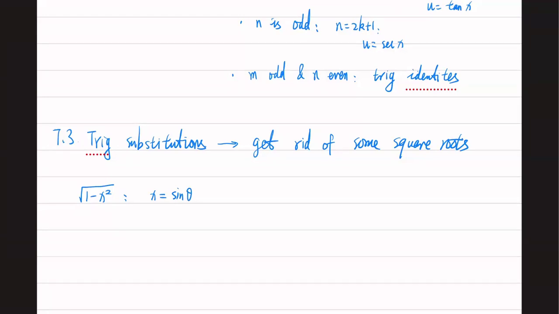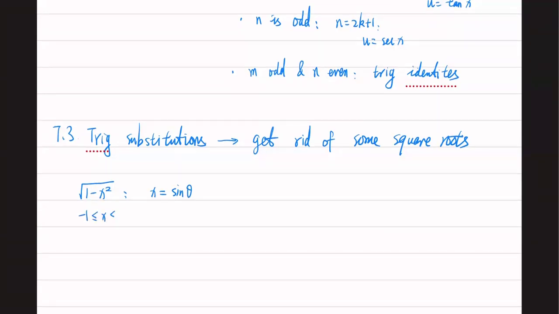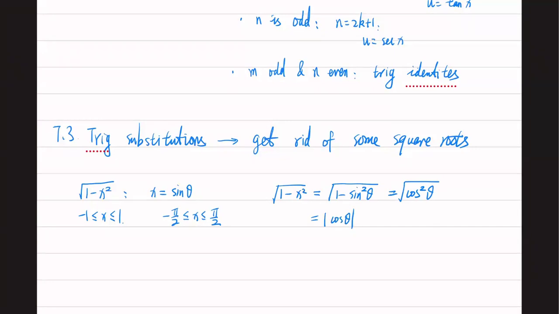The domain for x is -1 to 1. So the domain for theta will be -pi/2 to pi/2. So we have the domains, and this factor becomes cosine theta. In the general case, we get the absolute value.